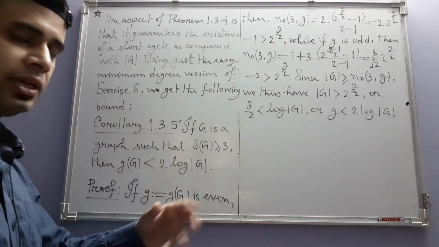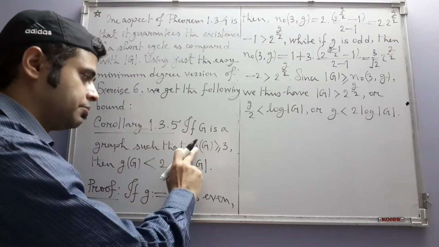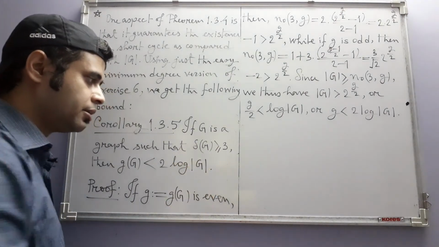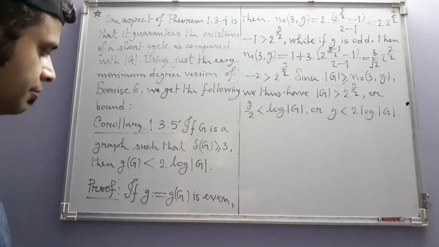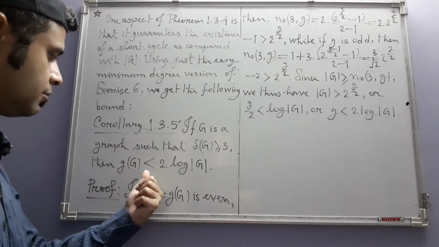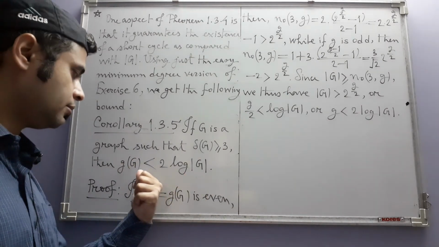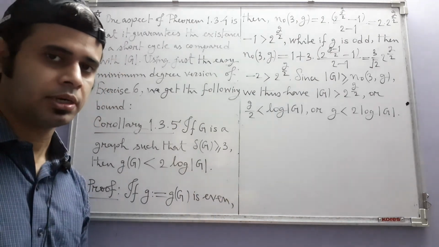If you have any graph whatsoever whose minimum degree is at least 3, then the girth should not exceed this number.